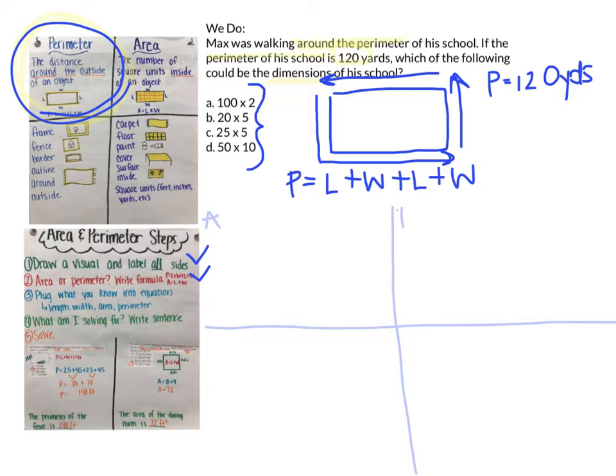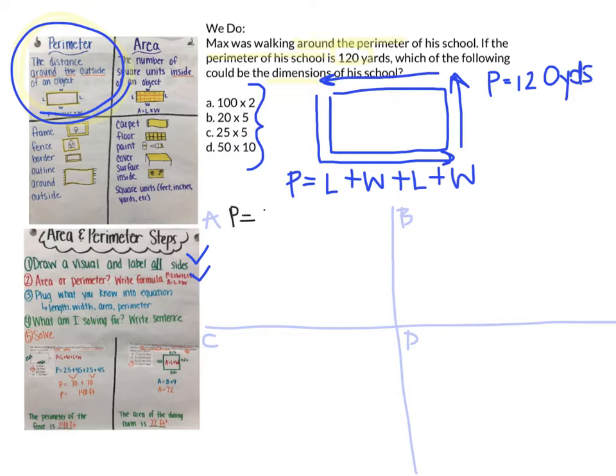A, B, C, D. So first, looking at answer choice A, my dimensions are 100 by 2. Remember, we're solving for perimeter, not area. So I can't just multiply 100 times 2. I've got to plug those dimensions into our formula.